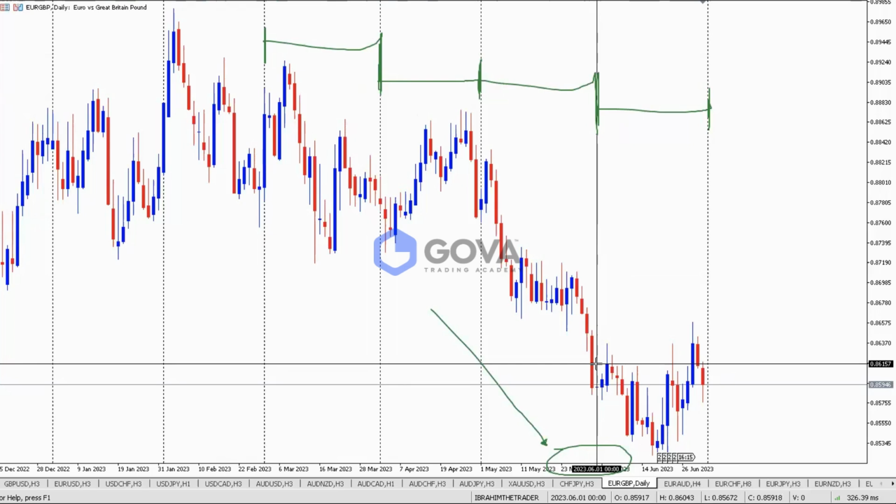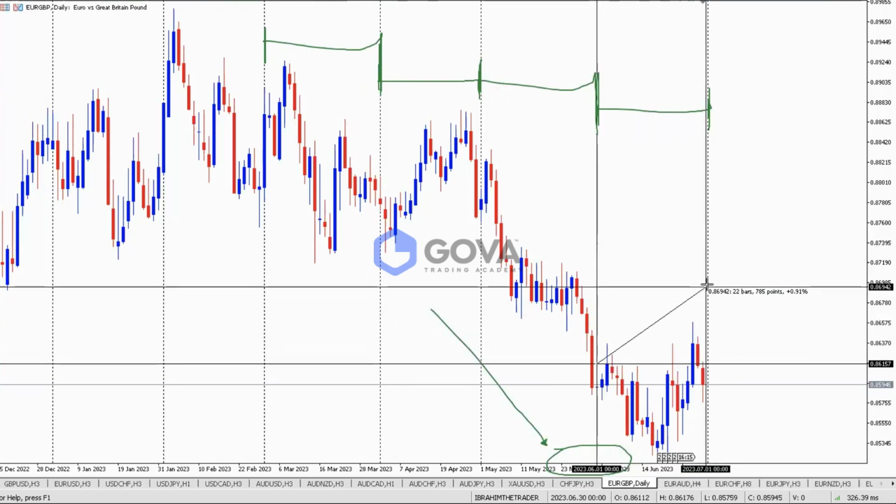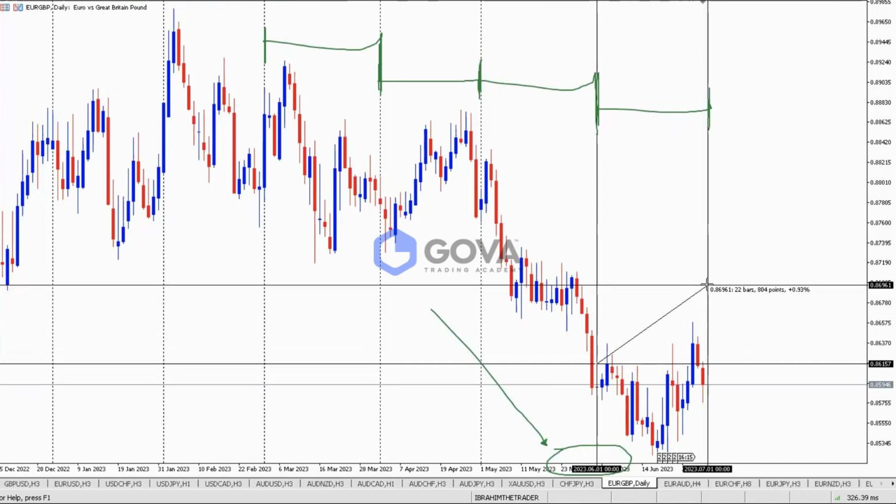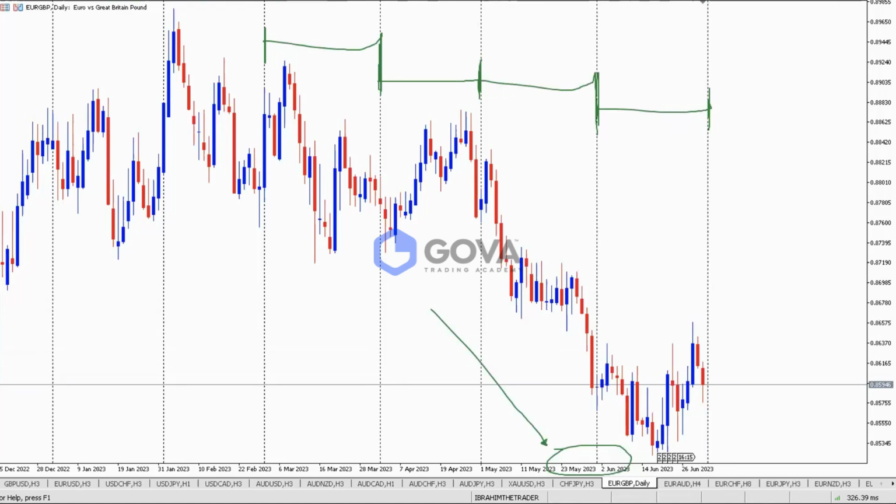If I go to this area now, the period separator here is 0107 2023, which is July. So this is the period separator for July. Just look at the dates below.